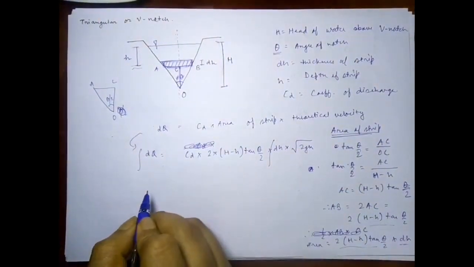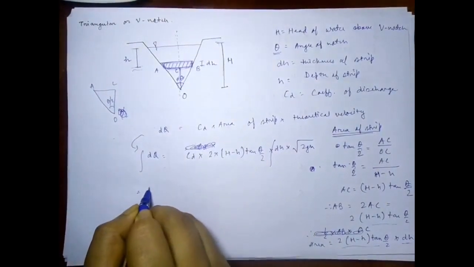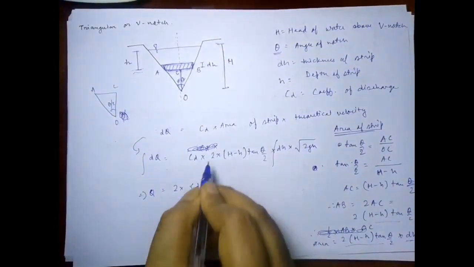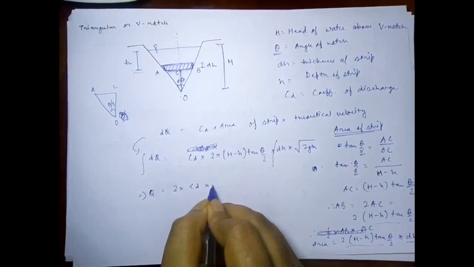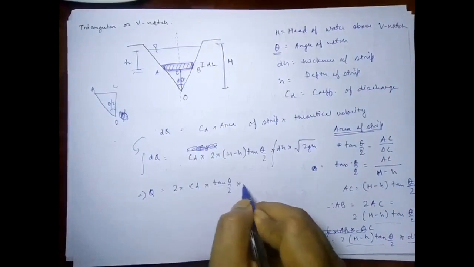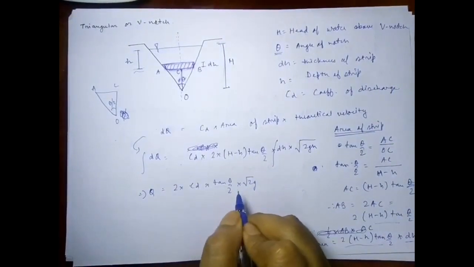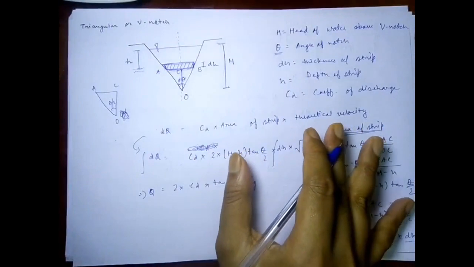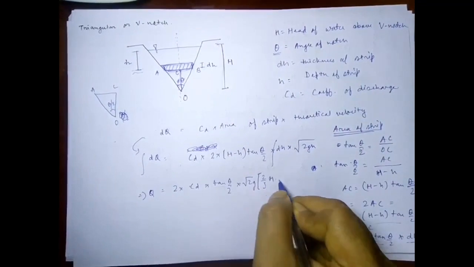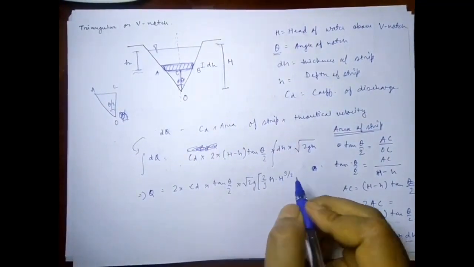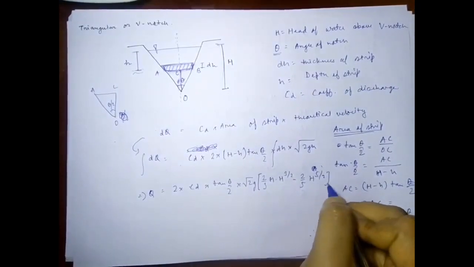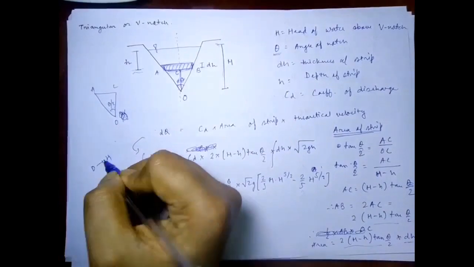Upon integration it will be like Q is equal to 2 times CD times tan theta by 2 times root 2g, which will be a constant, and I will take the h terms inside, and it will be like 2 by 3 h to the power 3 by 2 minus 2 by 5 h to the power 5 by 2, taking the limit from 0 to h.